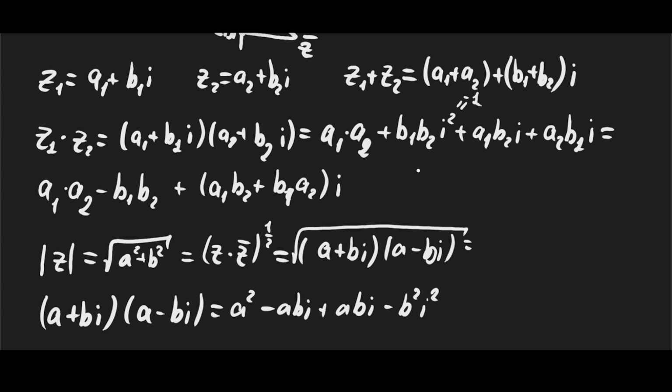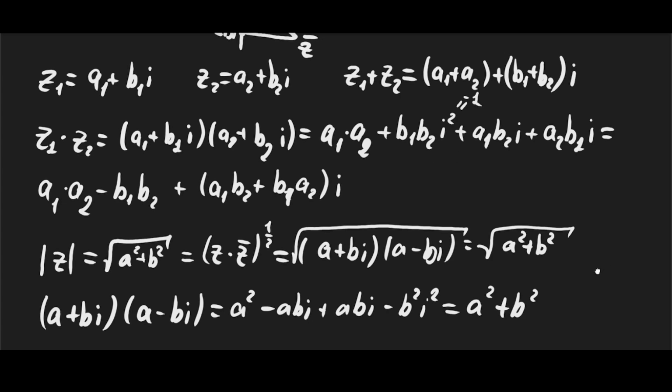Now use the fact that i square equals -1. So this would be a square plus b square. So we have proved that if we want to find the magnitude of z, we just need to take the product of z and its conjugate and take the square root of this number.